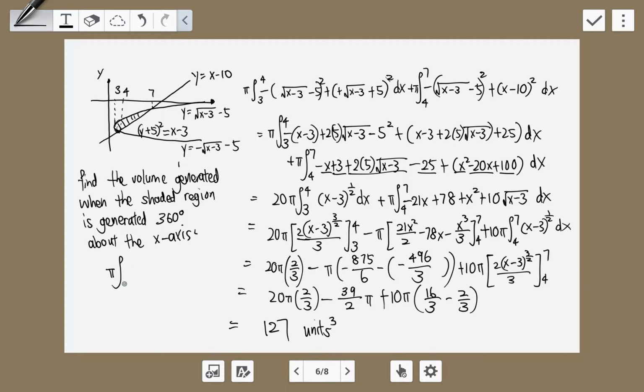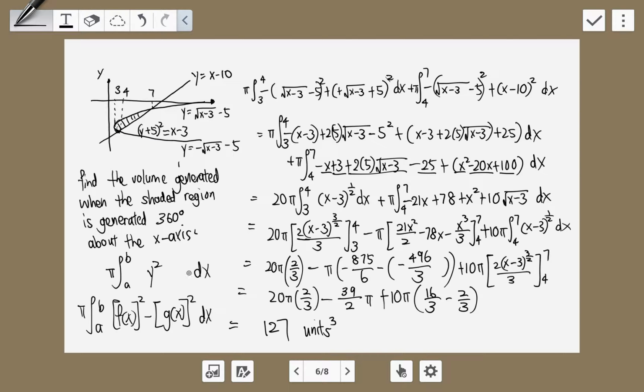With the lower limit to the upper limit, the equation and dx, this would be in terms of y squared. And y squared would be expressed, if there are two graphs, as the square of the graph further away from the axis minus the square of the graph nearer to the axis, and dx.